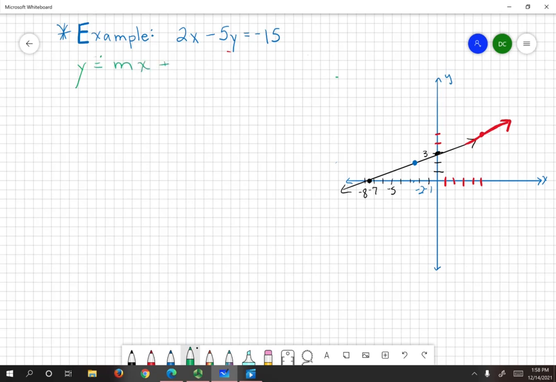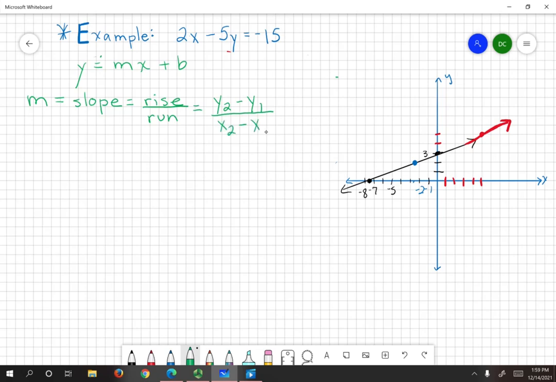First of all, the m is the famous m that represents slope. Slope is a measure of steepness. Slope measures the rise over the run of any line. If you wanted an equation for this, it would be the difference of y, y2 minus y1, over x2 minus x1.